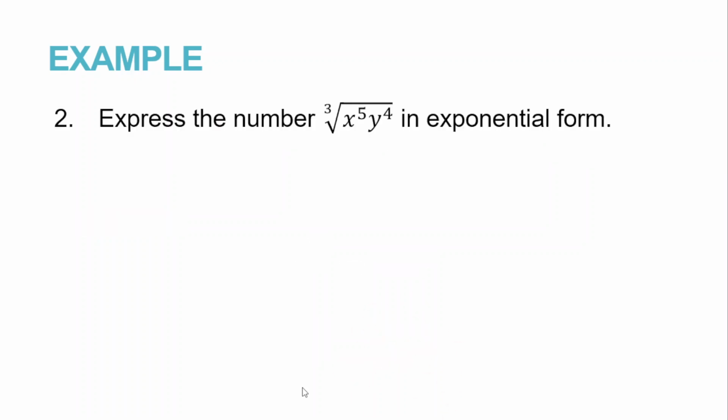Next, express the cube root of x raised to the 5 y raised to the 4 in exponential form. That's our solution. So we can move this into radical form. But if we have double variables, we can just put them inside and then raise it to 1/3.